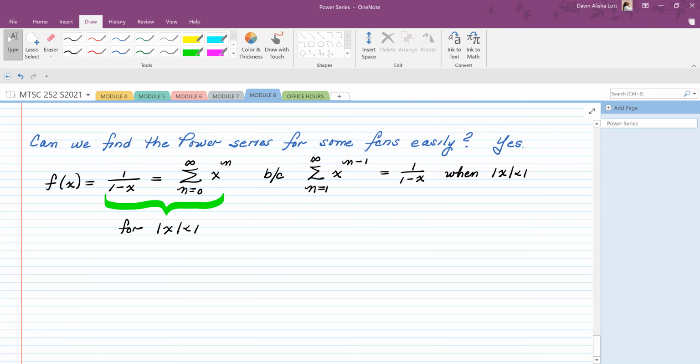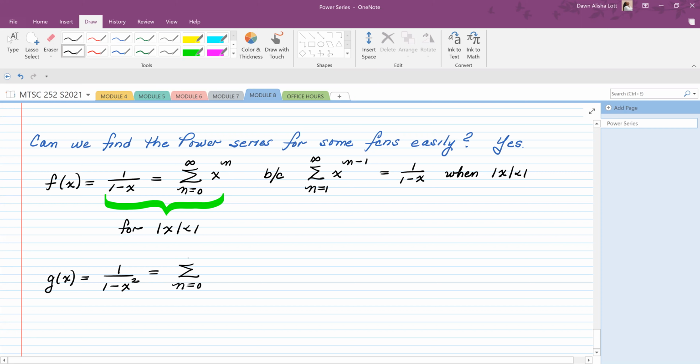How about this one? Let's call it g of x, equaling 1 over 1 minus x squared. Well, I think that's simply going to be the sum n equals 0 to infinity of x squared to the n.